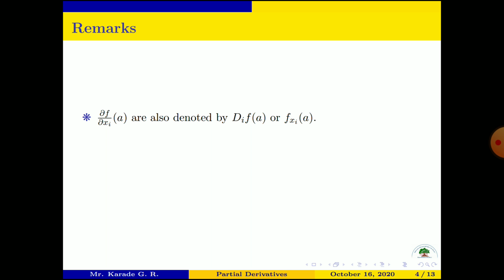There are two more notations to denote the partial derivative of function f with respect to ith variable xi at point a. So there is one more notation, di f of a or f xi at a. So keep in mind this notation also.